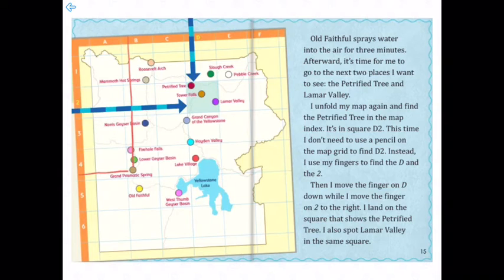Instead, I use my fingers to find the D and the 2. Then I move the finger on D down while I move the finger on 2 to the right. I land on the square that shows the Petrified Tree. I also spot Lamar Valley in the same square.